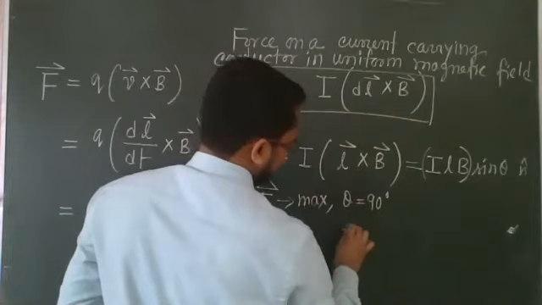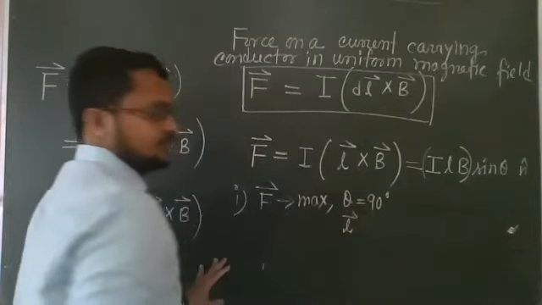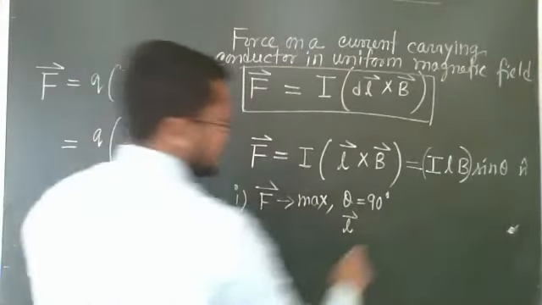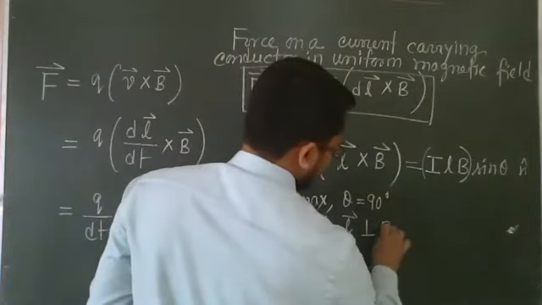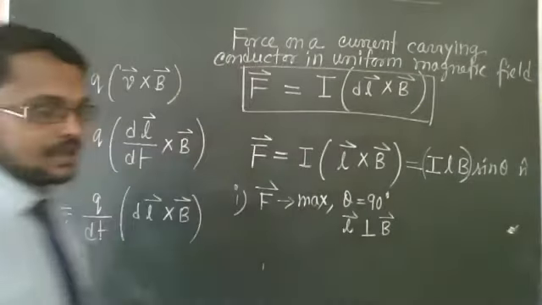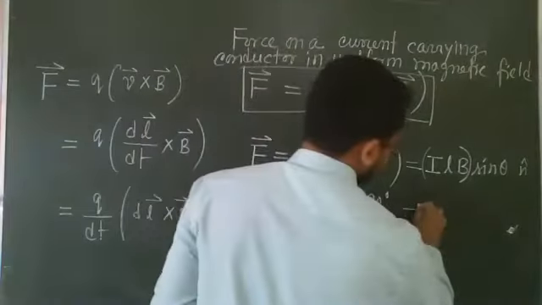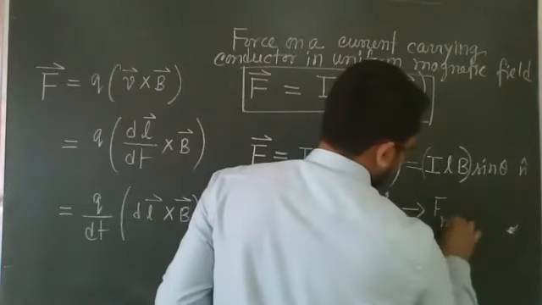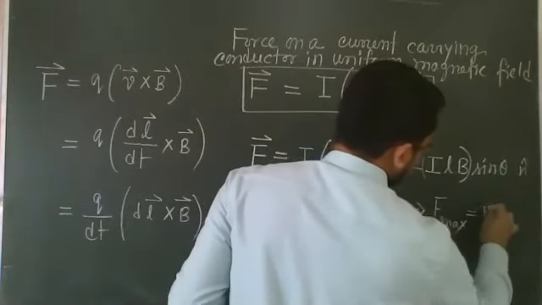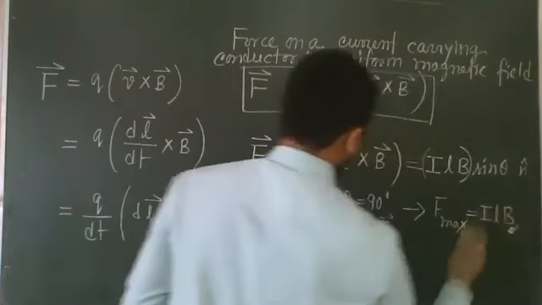Theta 90 degrees means the length of the conductor is perpendicular to the magnetic field, and the maximum value, F max, will be ILB.